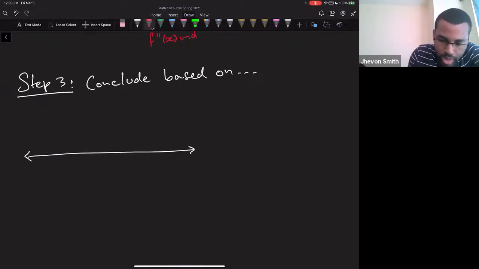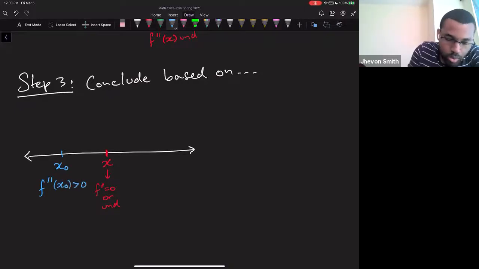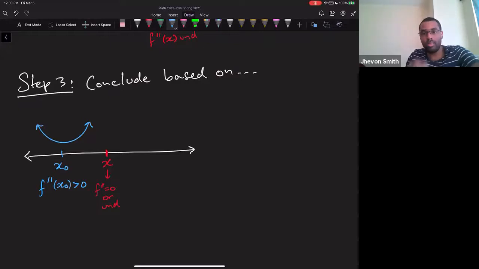So one, you can have your critical point here. So here is where your f double prime equals 0 or undefined. You can pick a random number over here, and let's say you got that the second derivative at x naught is positive. What that means is you're shaped like a smiley face. So I would kind of do that kind of shape, not to confuse myself with it moving up or anything.